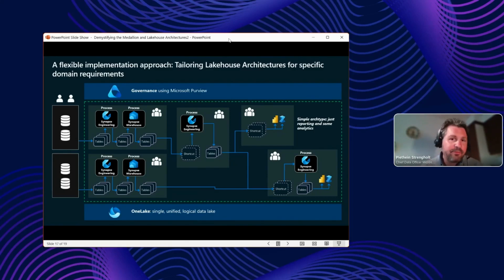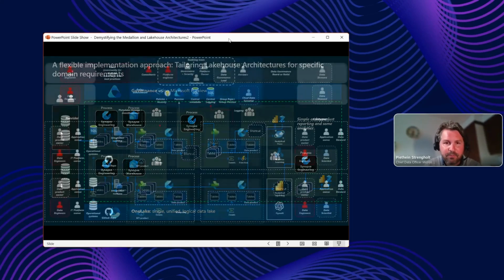And the architectures themselves really look different depending on the requirements. So there could be one layer here in this example, or even not a layer, so a virtual layer where we shortcut or access the data really directly, virtually. So that could be, again, another variant where we see all of these different architectures sitting side by side.